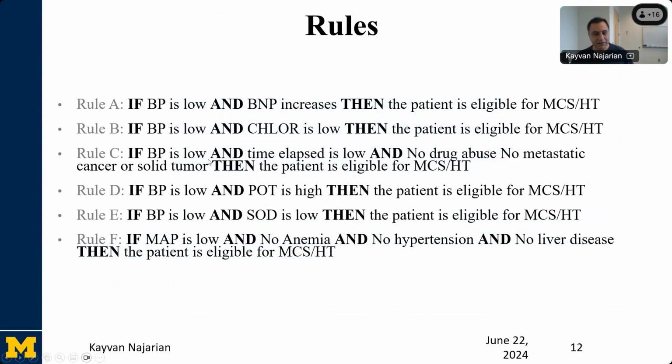You have a number of rules like that, all completely transparent, and clinicians can understand why this is the case for decision making. When a new patient shows up and a prediction is made, it will say, for instance, rule A and D were ignited for this patient. That is why we make a decision about that.